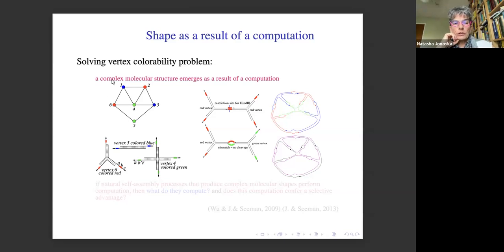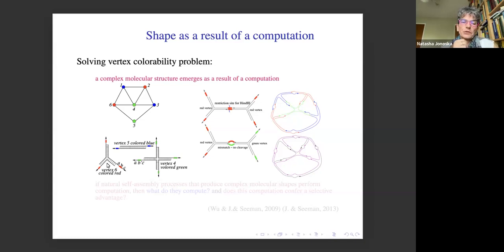So in order to solve this problem in a lab, experimentally, what we do is construct molecules, as I said, small Lego blocks, where each vertex will correspond to one of these junction molecules. For example, this is vertex 6, colored with red.